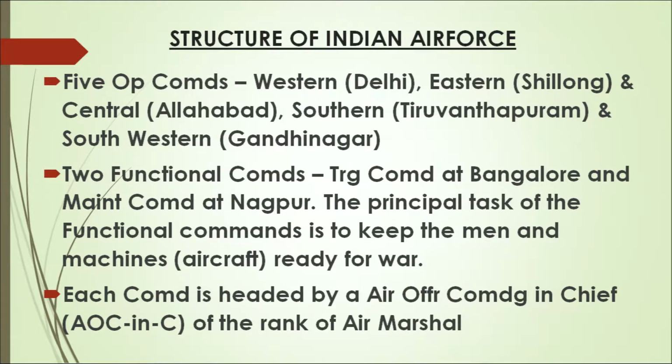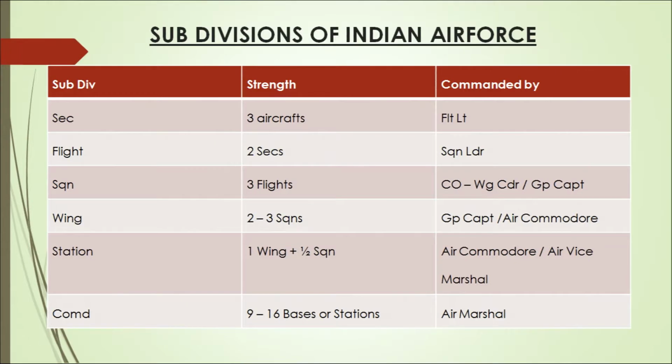Each command is headed by an Air Officer Commanding in Chief, or the AOC&C, of the rank of Air Marshal. The subdivisions of the Air Force: 3 aircrafts make a section commanded by a flight lieutenant, 2 sections make a flight commanded by a squadron leader, 3 flights form a squadron which is commanded by the commanding officer of the rank of wing commander or group captain, 2 to 3 squadrons form a wing commanded by the group captain / air commodore.